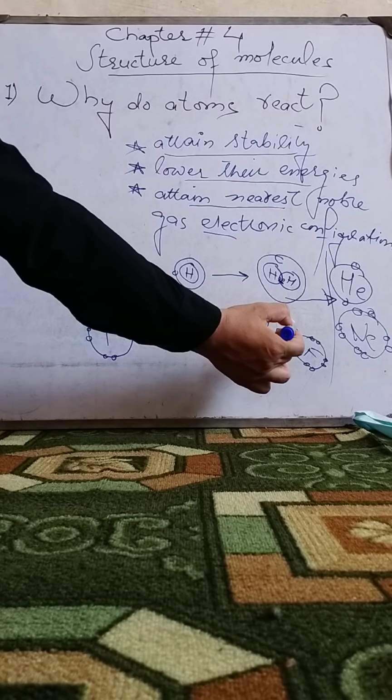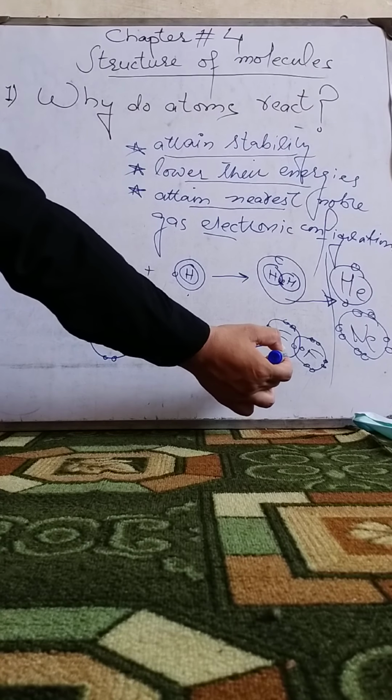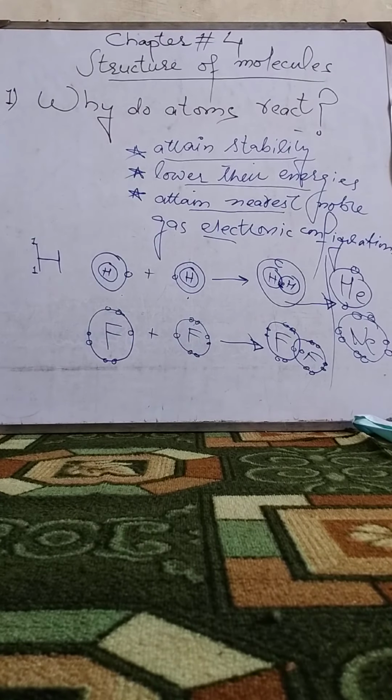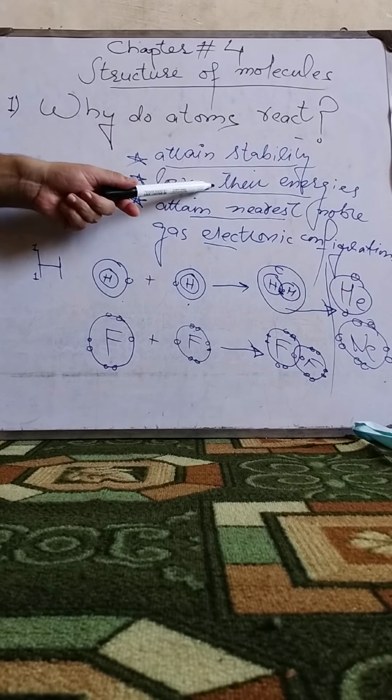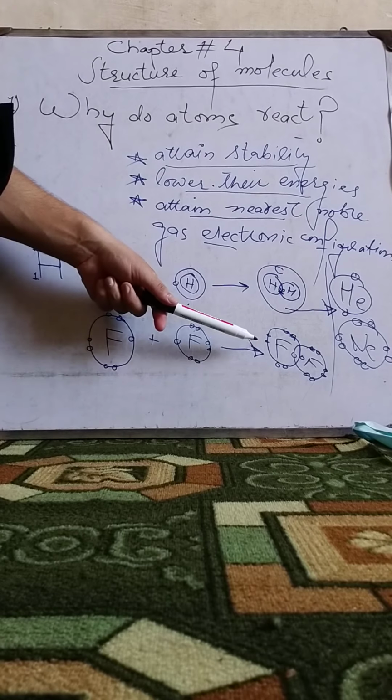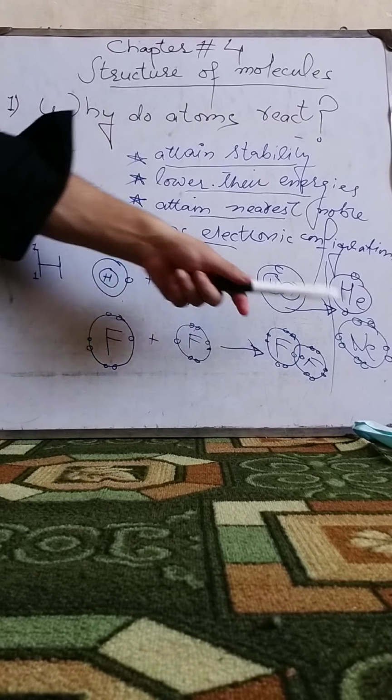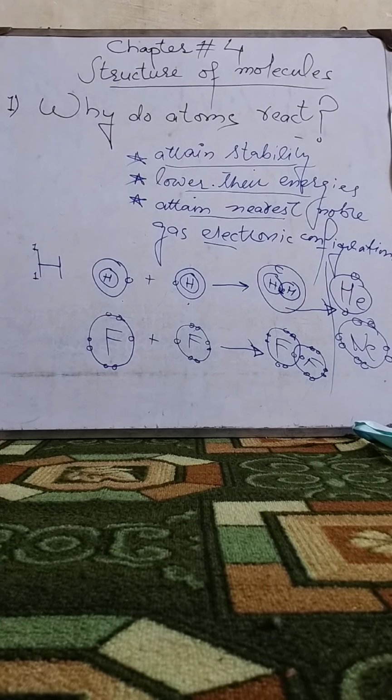This fluorine molecule is very stable. This molecule has lower energy. Similarly, it has attained the nearest noble gas electronic configuration of neon. Got it?